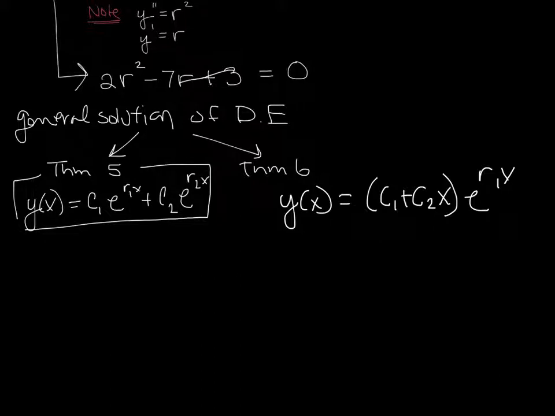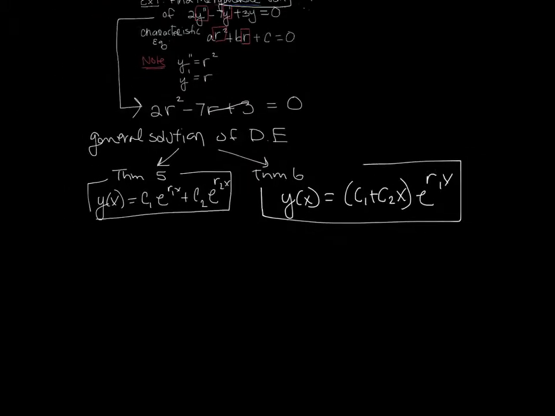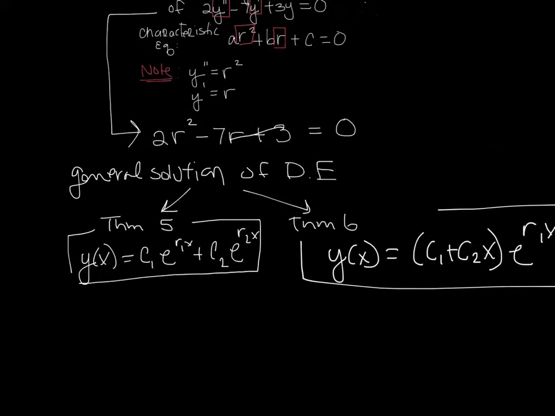That's if R1 and R2 are equal, so if you get a double root. Again, you have to pay attention to what the goal is. We want a general solution. It's either going to be this or this.